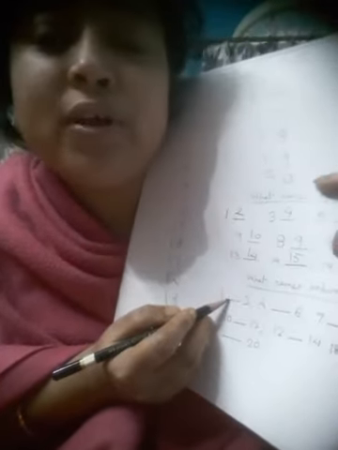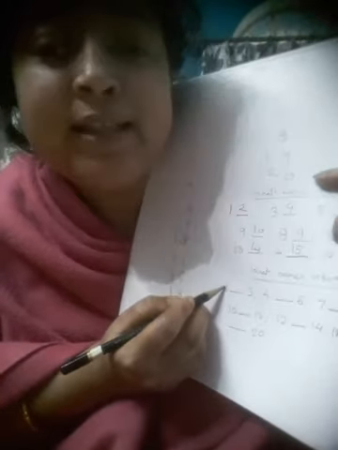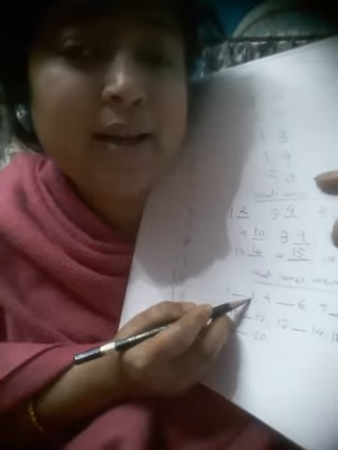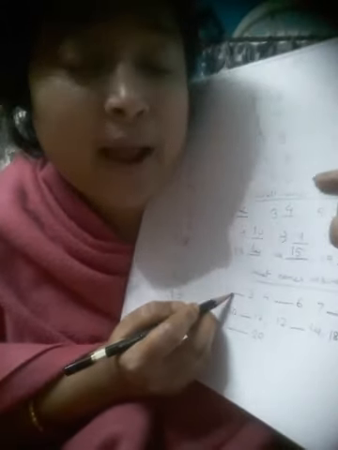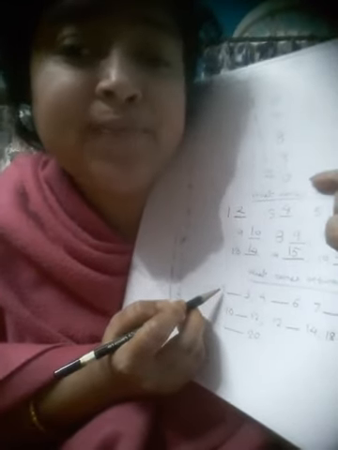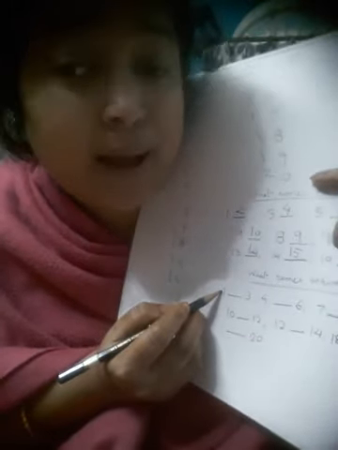Between number means on one side a number will be written and on the other side a number will be written, and a blank place or a dash should be put in between these two numbers.